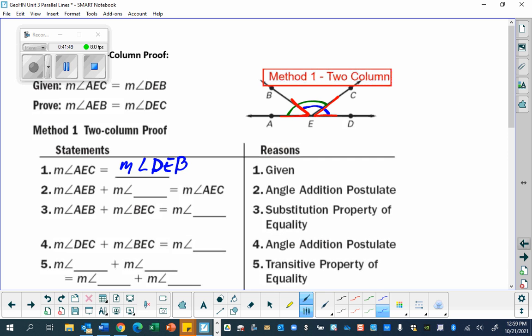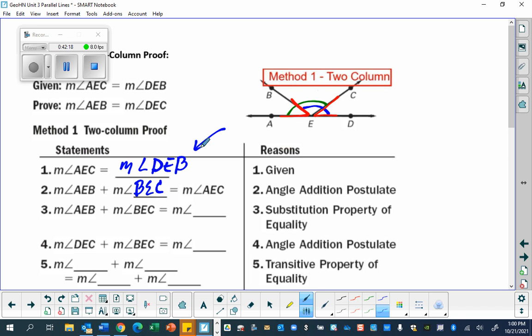All right, back to our two column. By angle addition postulate says that measure of angle AEB plus the measure of angle BEC is going to equal AEC. Then I have the measure of angle AEB plus the measure of angle BEC is equal to, check it out, my substitution property of equality.